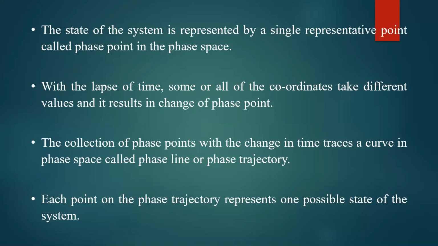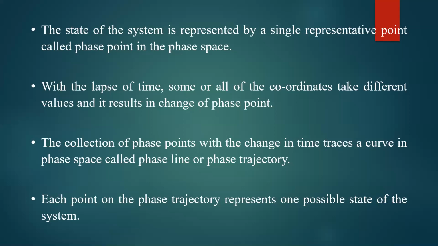What is a phase point? It is a representative point represented by means of a position coordinate and a momentum coordinate. This collection of phase points with a change in time traces a curve, and that curve is called the phase line or phase trajectory.